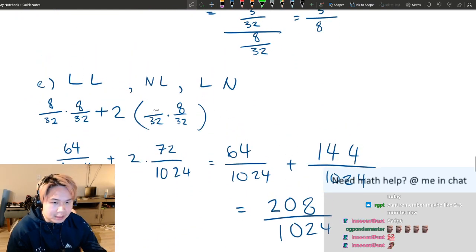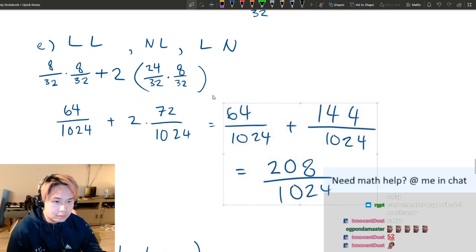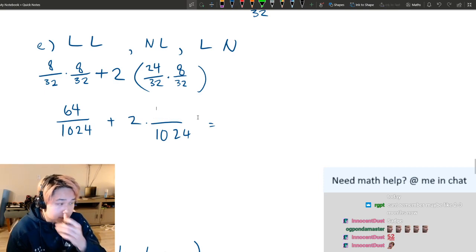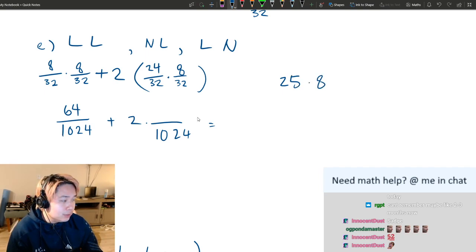Because the probability of him not being late is going to be 24. Okay, 24 times 8 is very similar to 25 times 8. So 8 quarters is $2, so that's 200.